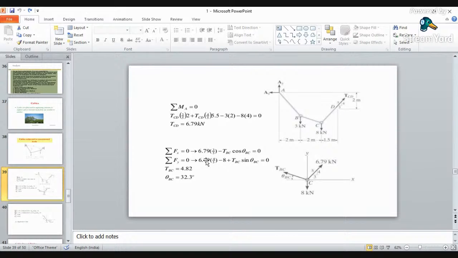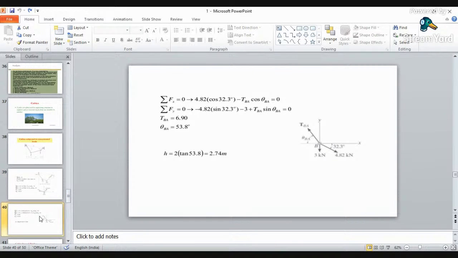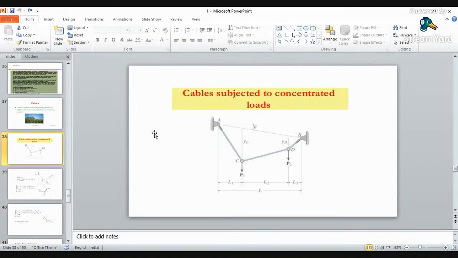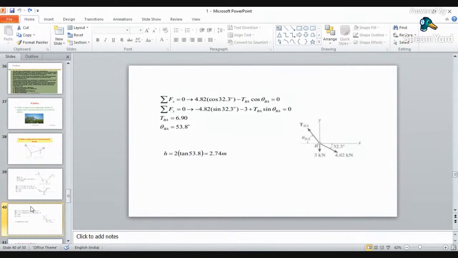By applying these two conditions, you will get your force in P and angle as 53.8 degrees. And your height for this element is coming out as 2.74 meter.